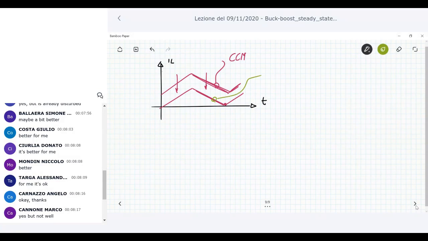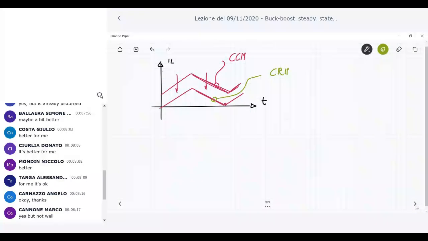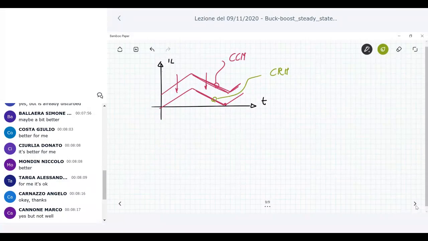The boundary between the CCM and DCM is a situation in which you can increase the load and then you have this situation here, in which the minimum current is 0. This one is what is called critical conduction mode or boundary conduction mode. If you increase the load too much, starting from CRM, then you go in DCM. So that situation, which is the critical or boundary conduction mode, is when the minimum current is 0.